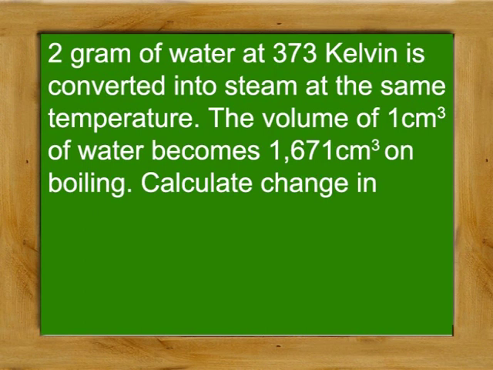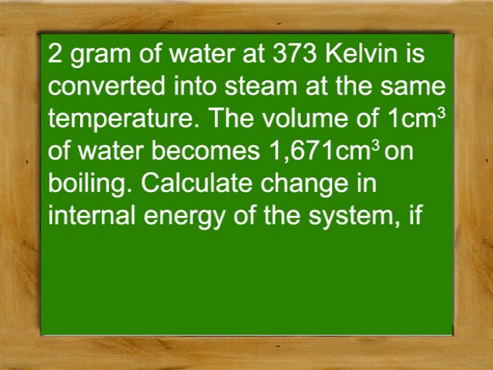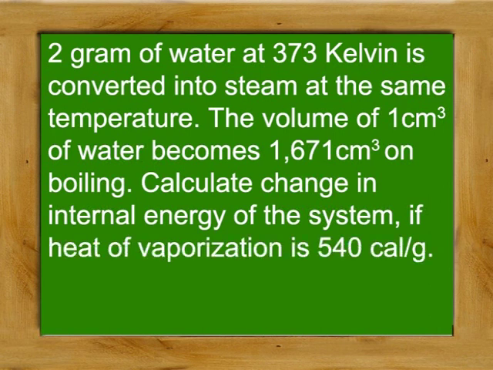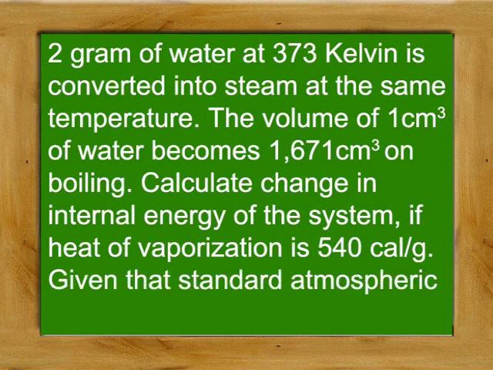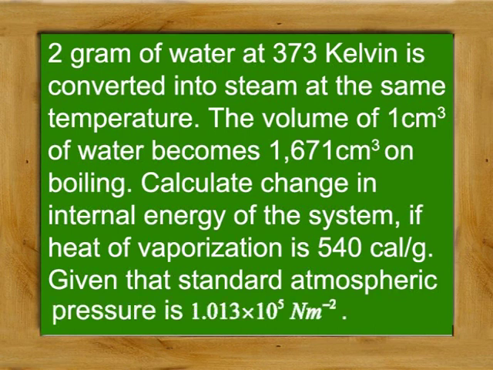Calculate the change in internal energy of the system, if heat of vaporization is 540 calories per gram. Given that standard atmospheric pressure is 1.013 into 10 raised to the power 5 Newton per square meter.